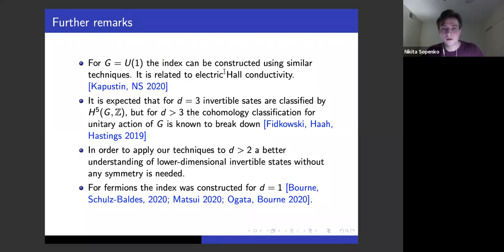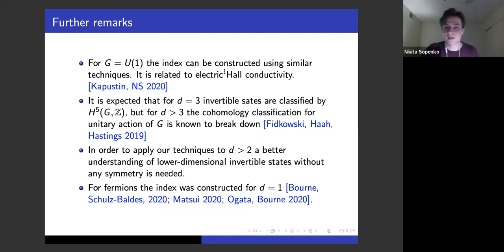And to apply all that in high dimensions, we first have to understand invertible states in the low dimensional case, because if you want to do the same procedure, restricting the group action to the boundary, the resulting state is invertible, but we should know whether this invertible state is actually in a trivial phase or not. That is an obstruction we have to overcome to apply these methods in 3 dimensions.